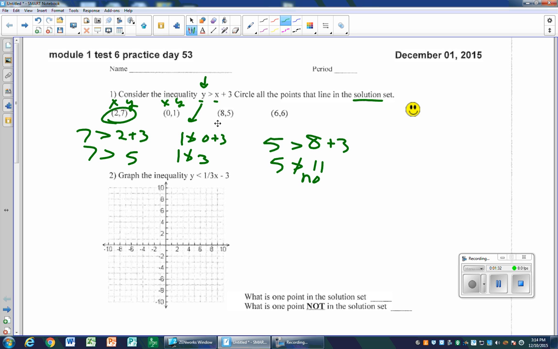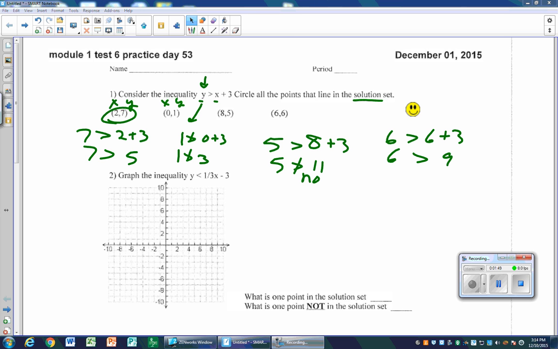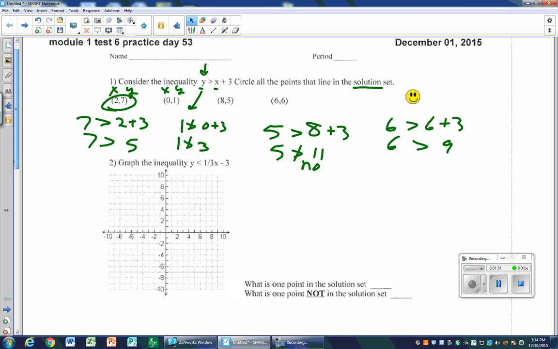Now 6, 6. Well, that's pretty easy because there's no way that you can confuse the points. Is 6 greater than 9? No, it isn't. So the only one that is correct is the first. However, that doesn't mean on the test you won't have more than one right answer.